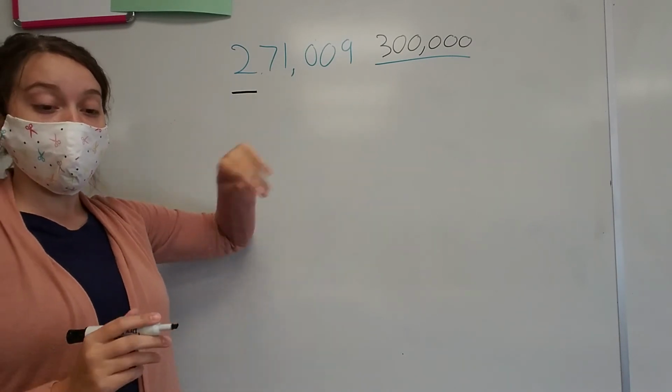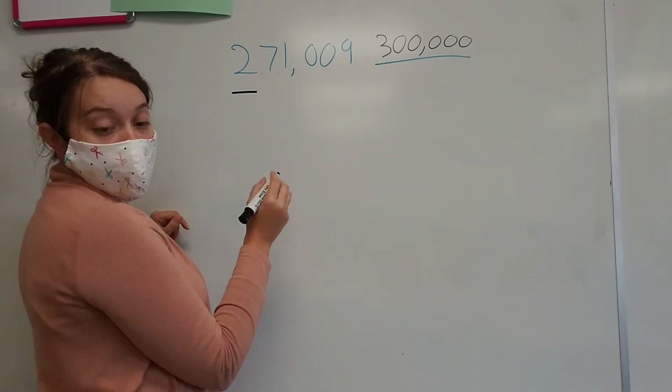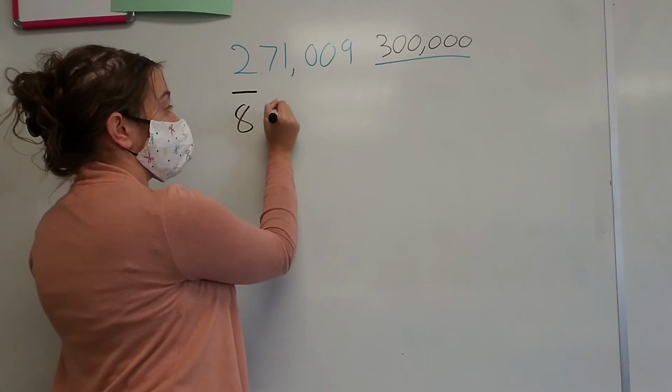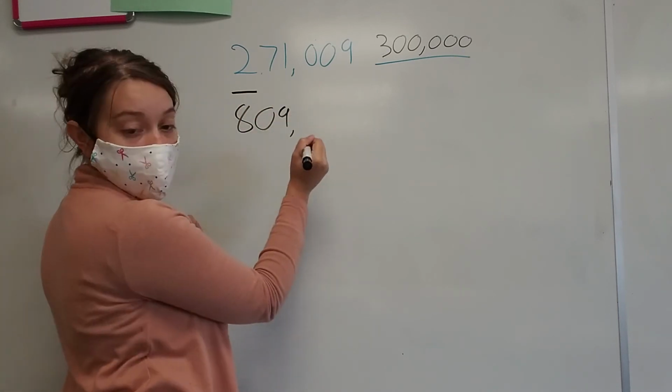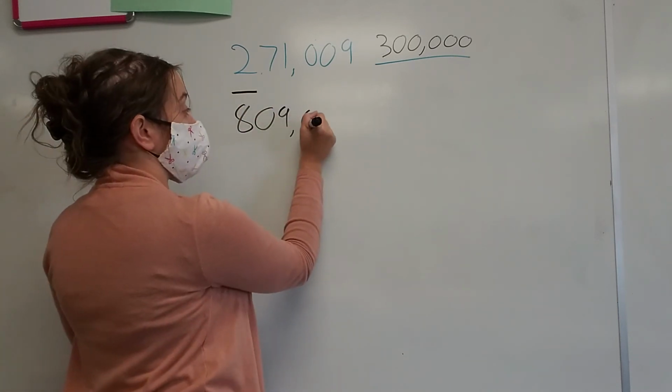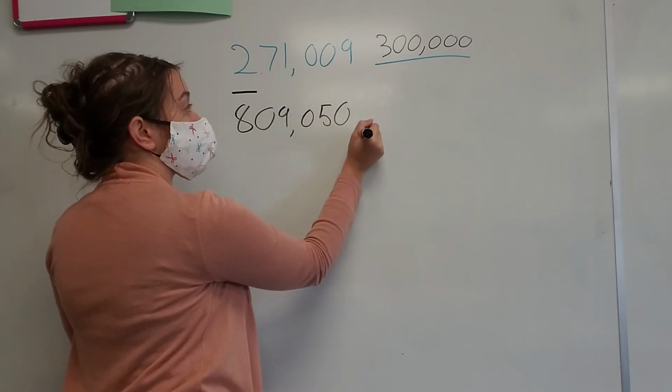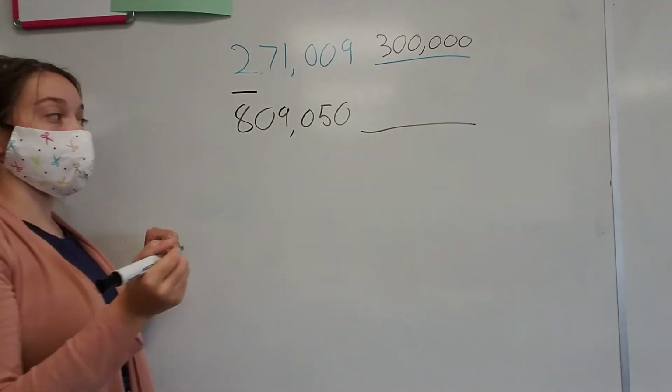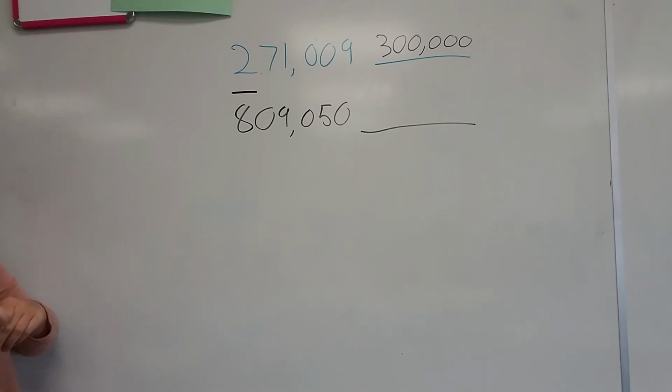Okay? Look at part B, the one next to it. 809,050. We are rounding to the 100,000 still. What number is in my 100,000? Sarah. What's in my 100,000? We just did this one.